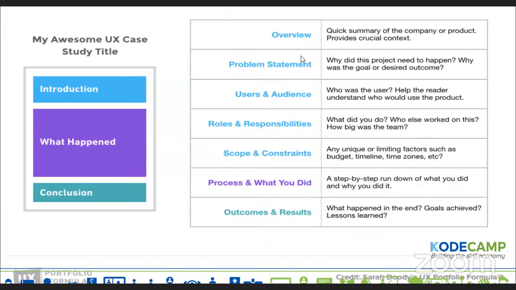And if you had a goal before you started your design process, at the end of it, were you able to achieve these goals? Did you learn any lesson? What were your challenges and how were you able to overcome them? And people see this and know that you have very broad knowledge of what you're doing, and you can actually take on any task or any project that is given to you.